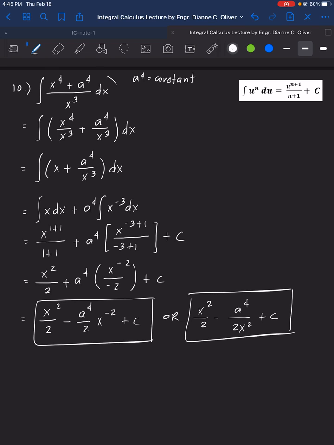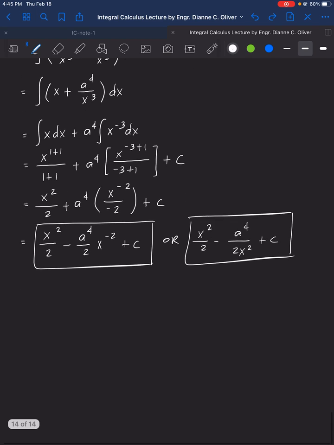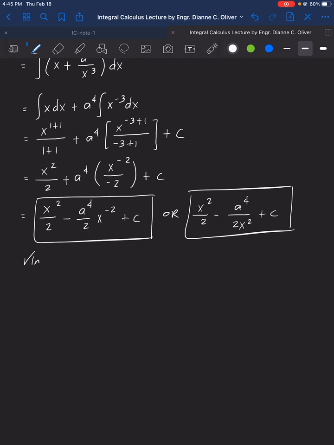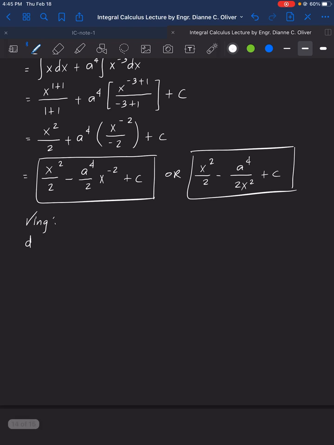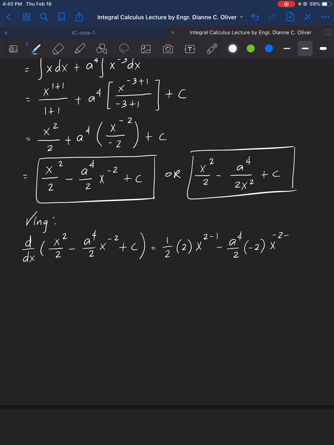Checking, let's see if we can return to the given. So for the checking, the derivative of x squared over 2 minus a raised to 4 over 2 times x raised to negative 2 plus c is equal to 1/2, bring down the exponent 2, x raised to the exponent minus 1, minus a raised to 4 over 2, bring down the exponent negative 2, x raised to negative 2 minus 1, plus the derivative of constant 0.